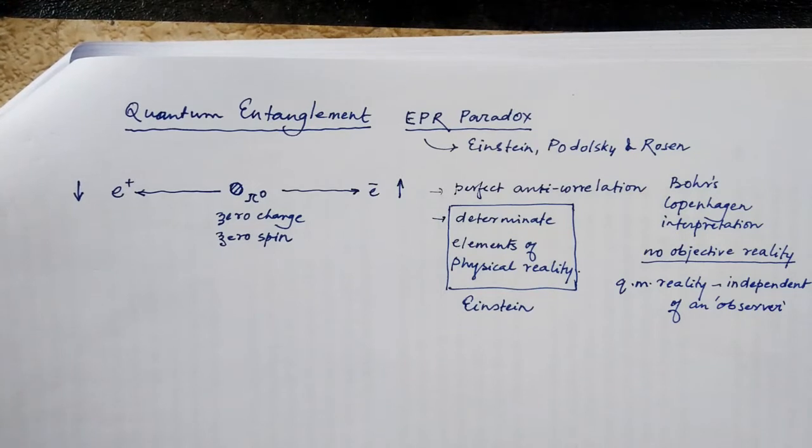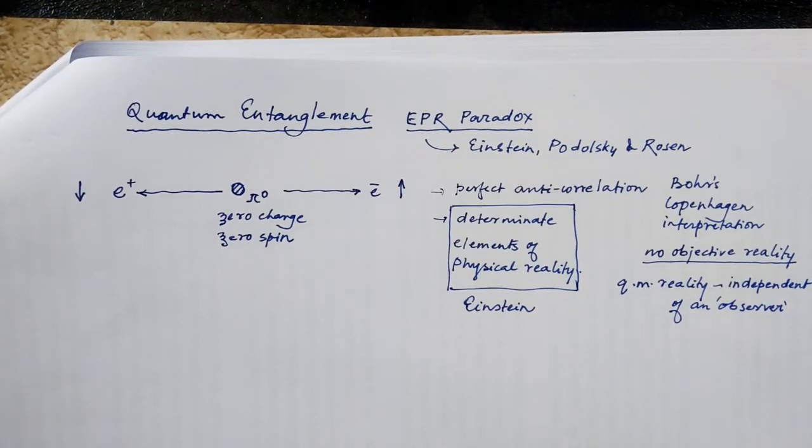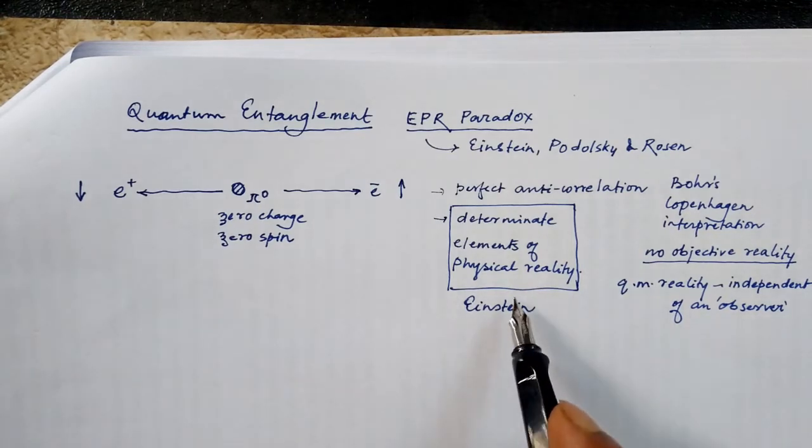Okay, so for electrons and their spins, until we measure, we cannot say what the spin of the particle could be. Now Einstein thought that these things must really be predetermined in advance of the measurement.